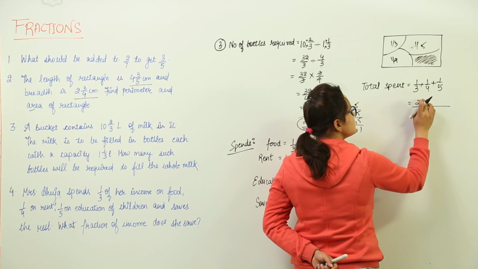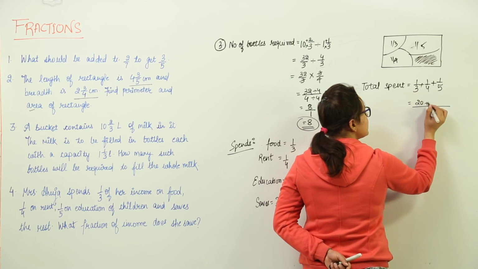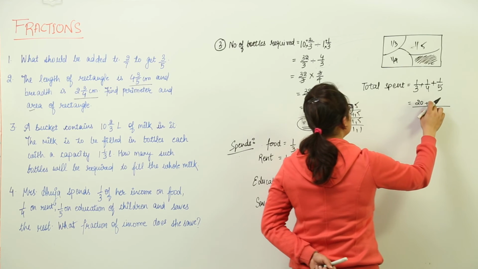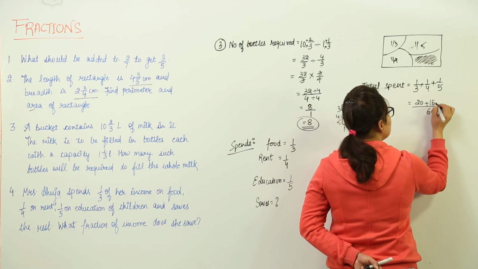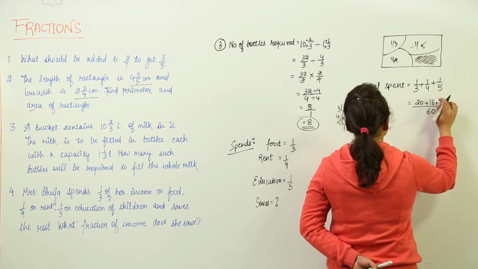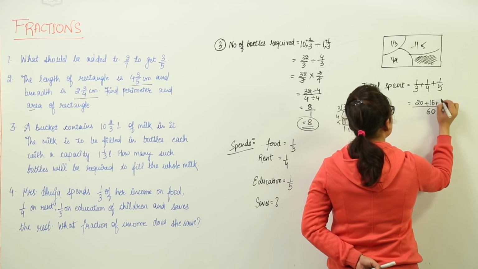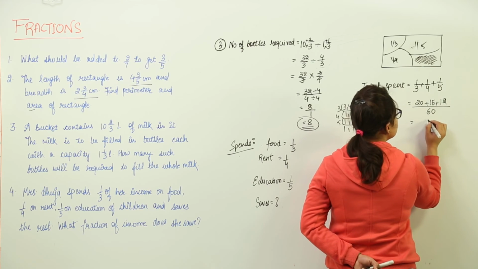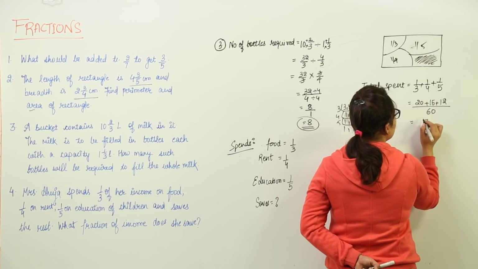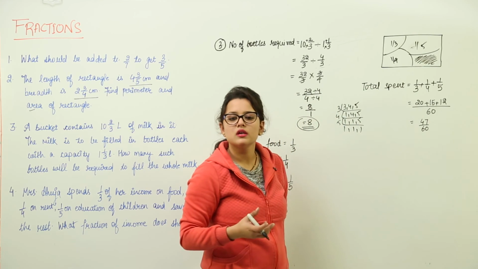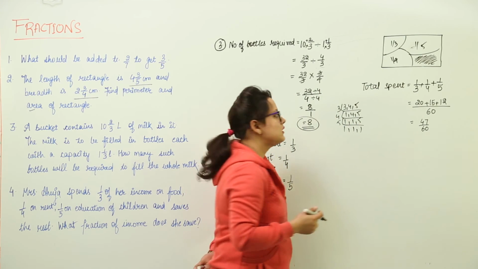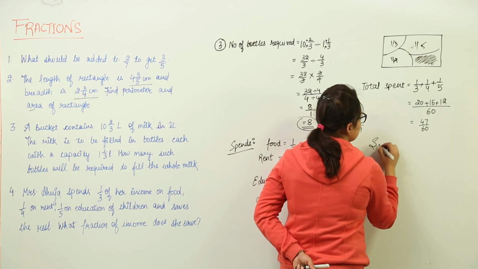20 times 3 is 60, 20 into 1 is 20, plus 4 15s are 60, 15 into 1, 15, plus 5 into 12 is 60, so 12 into 1, 12. We get 47 over 60 as the total fraction of her income that was spent. Now how much did she save?